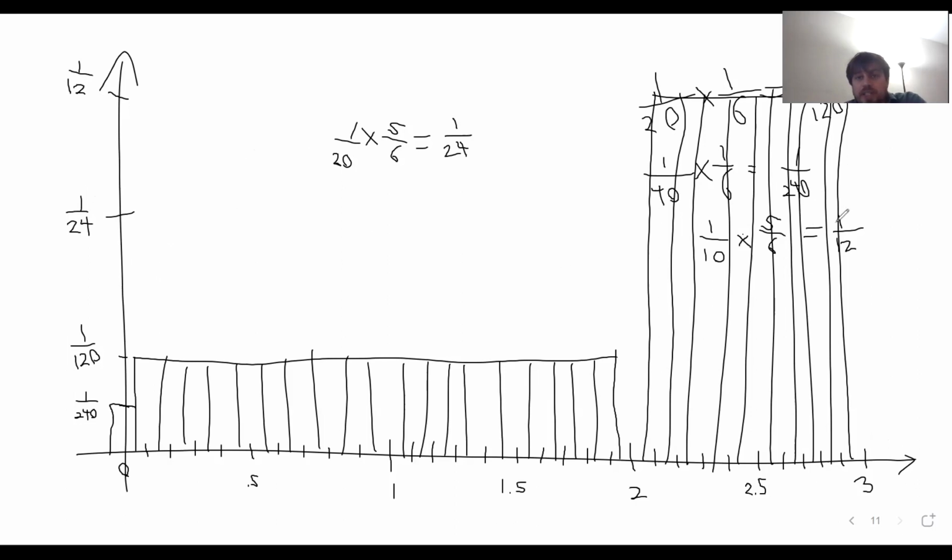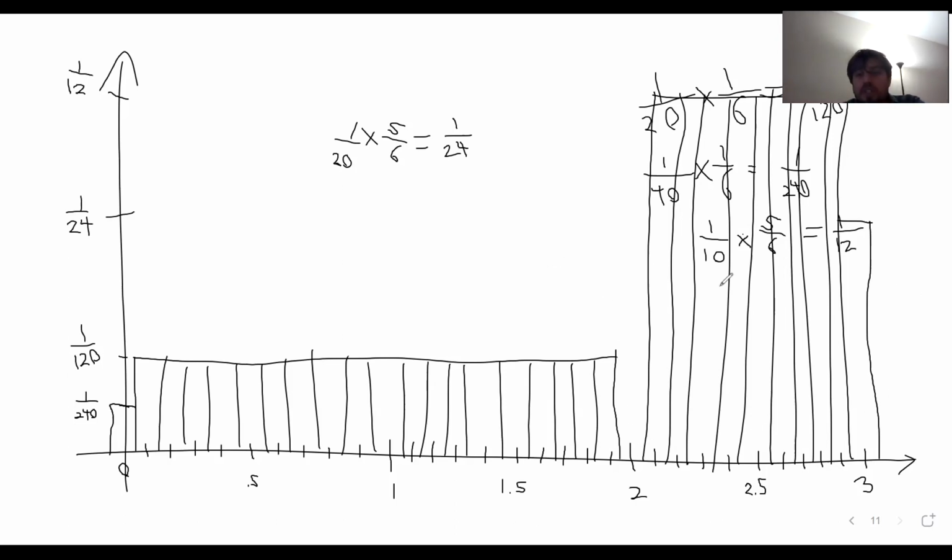And so that height is the probability associated with the 3. The probability of rounding only up to 3 is 1 over 24. Then for the probability of either choosing a number between 0 and 2 and rounding up to 2, or choosing a number between 2 and 3 and rounding down to 2, you'd add these two probabilities.